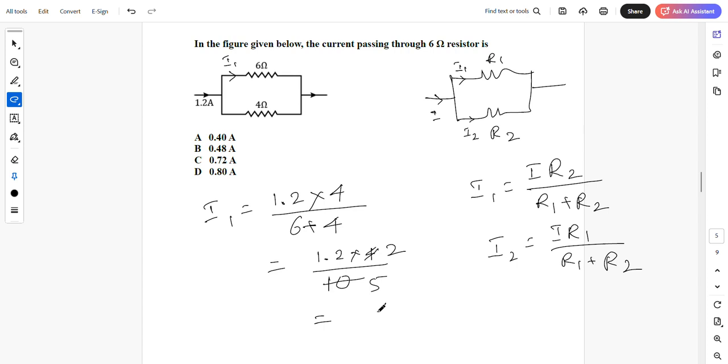Understood? 2.4 divided by 5, approximately 1 by 2, that is 2 by 5. Let us take 2 by 5 as approximately 2.5. 2.5 by 2 is nearly equal to 0.5. The answer near 0.5 is 0.48, that is the right answer. 0.48 amperes.